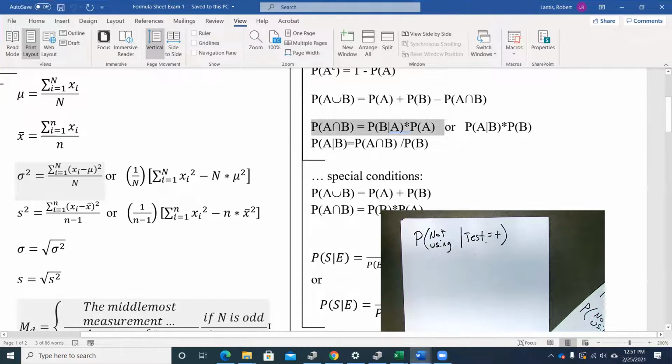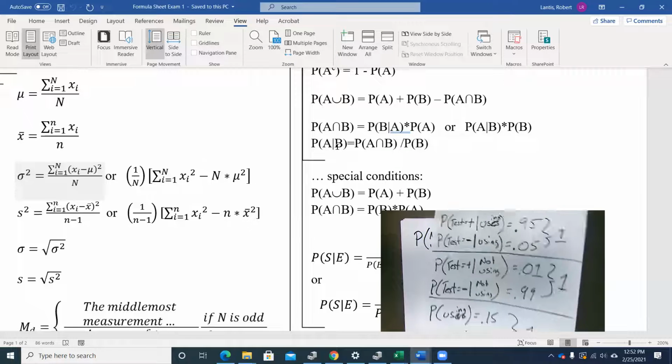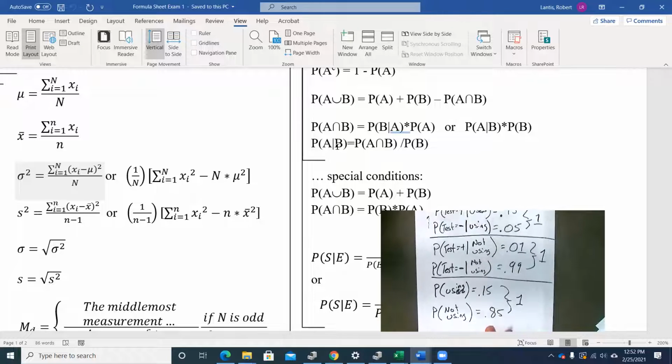So the problem here is going to become, if I go to my formula sheet, I have a conditional probability equation here, but that's really just being rearranged. If I want to find the conditional, it's the intersection divided by what I'm conditioning on. Well, the problem is, what am I conditioning on here? That the test comes back positive? If I go back to my original equations, I don't have just the probability that the test comes back positive.